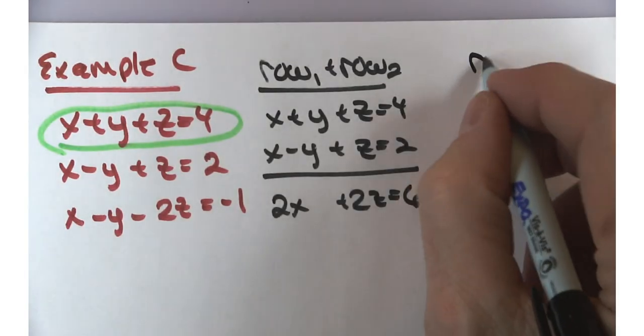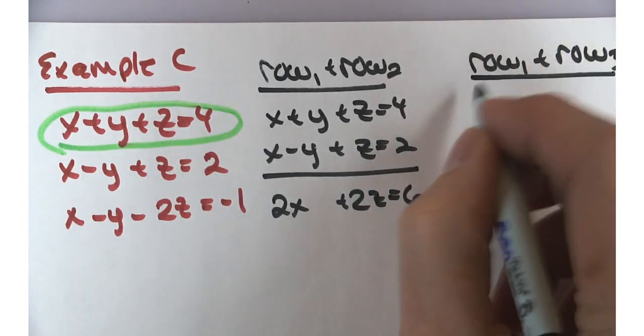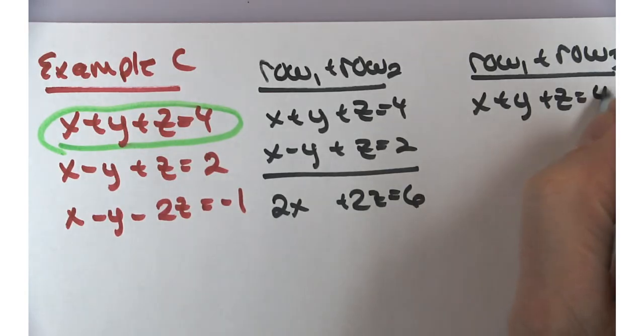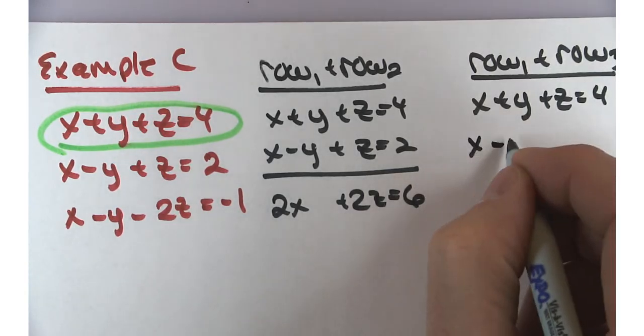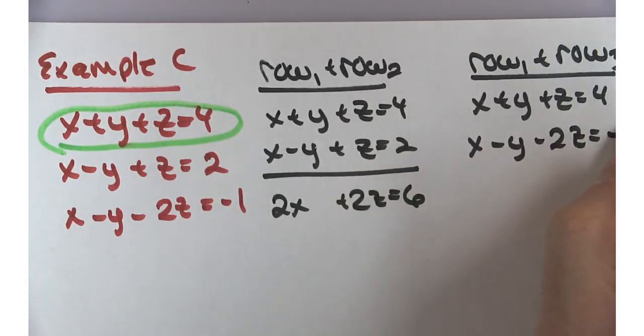Let's work on row 1 plus row 3. X plus y plus z equals 4. X minus y minus 2z equals -1.